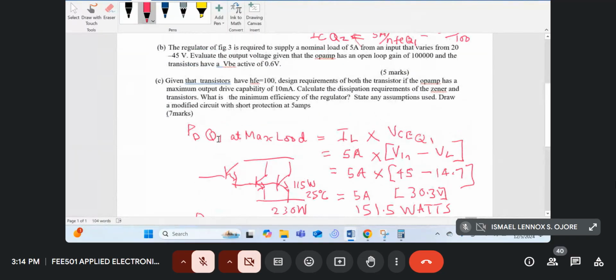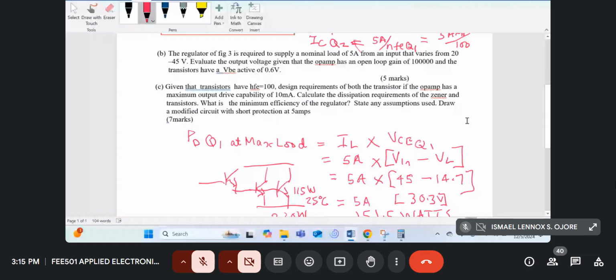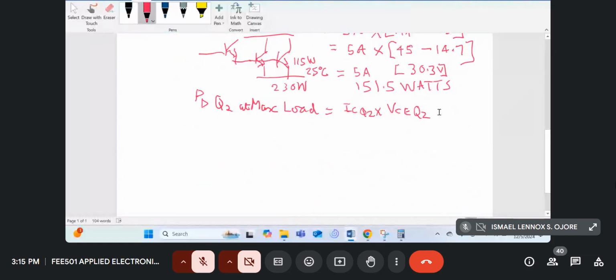Now remember, IC Q2, we got it at 5 amps divided by HFE, and you're told HFE of Q1 is 100. So it's 5 amps divided by 100. So this one, nobody gets it right in my exam questions. So this is 5 amps divided by 100.